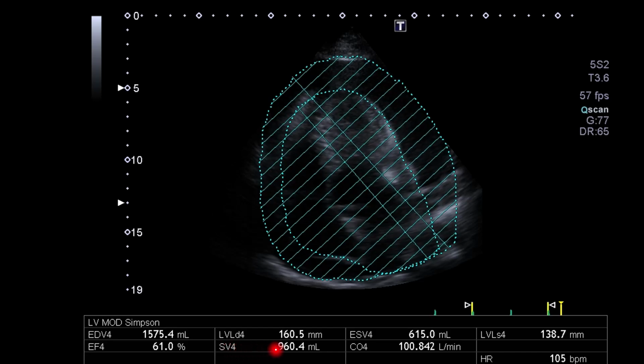Of course, this is anything but the stroke volume, but it's the effusion. But this is how you can do it approximately. So we tricked the computer a little and voila, we got 960 milliliters, almost a liter. Of course, you shouldn't pay attention to the cardiac output here, that would be a bit much. So about a liter as the amount of pericardial effusion.